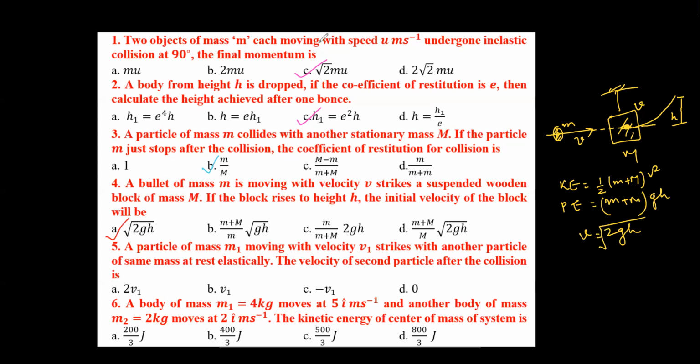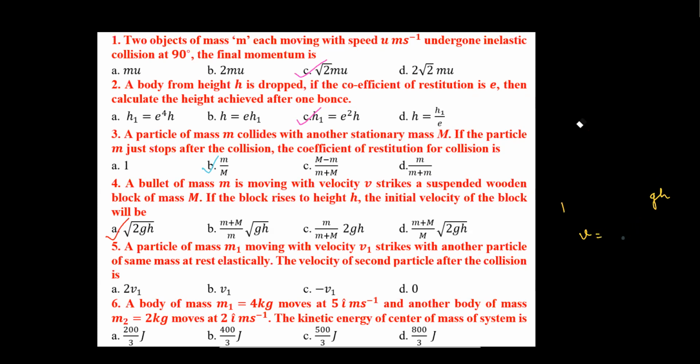Okay, moving on to question number 5. It says that a particle of mass m1 is moving with a velocity v1 and strikes another particle of the same mass at rest elastically. That means the collision is elastic. We need the velocity of the second particle after the collision. You can just utilize the concept here; there is no need to do any mathematics.